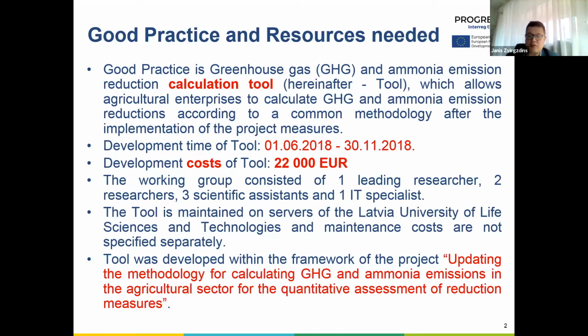Tool was developed within the framework of the project called Updating the Methodology for Calculating the Greenhouse Gas and Ammonia Emissions in the Agricultural Sector for the Quantitative Assessment of Reduction Measures. And in here, I want to add that the tool was ordered by the Ministry of Agriculture of Republic of Latvia, and this project was implemented by Latvia University of Life Sciences and Technologies.